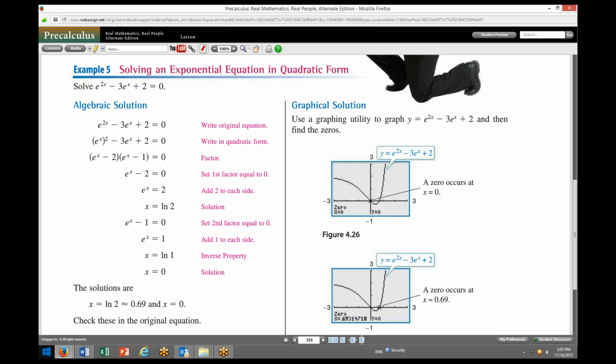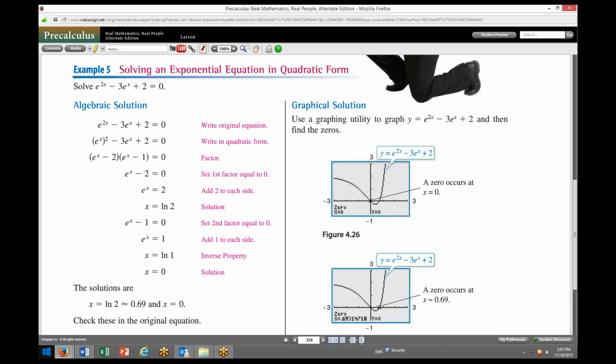One-to-one property doesn't work, so we have to transform these two exponential equations into their corresponding log form equations. So e to the x equaling 2 means that the natural log of 2 equals x. Well, that's an answer, natural log of 2.